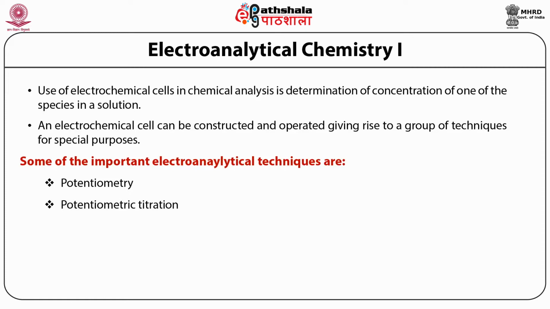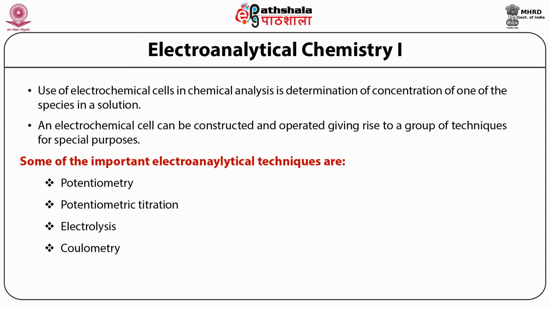Another modification of electrochemical techniques is electrolysis, in which the amount of a substance present is determined by reducing or oxidizing it at an electrode, measuring either changes in weight of the electrode, that is the electrodeposition, or the number of coulombs required to complete the reaction, which is called coulometry.